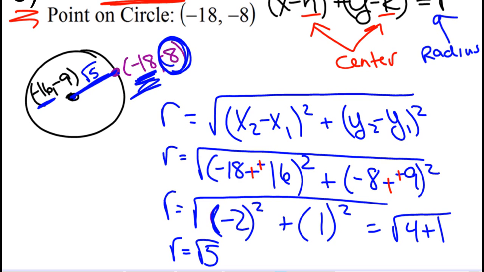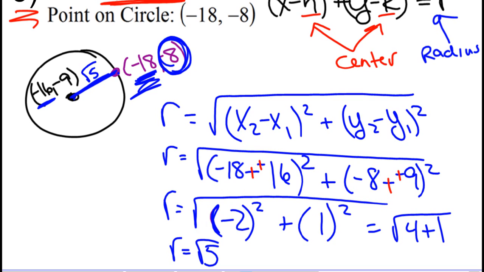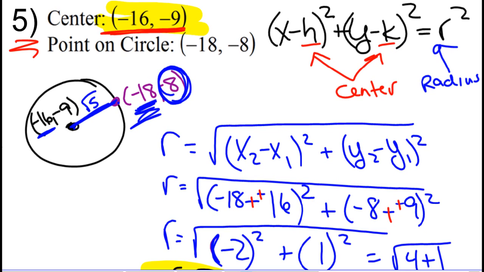And so now I have everything I need. All right, so I have my radius, square root of 5, and I already had the center. All I have to do now is plug it into our equation.